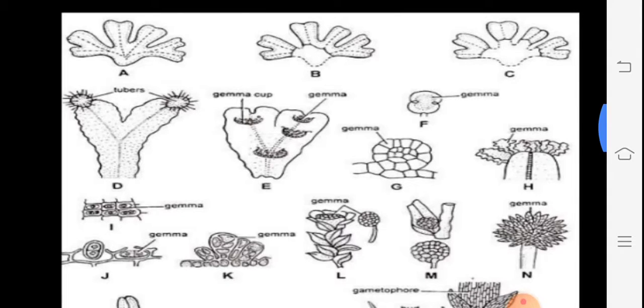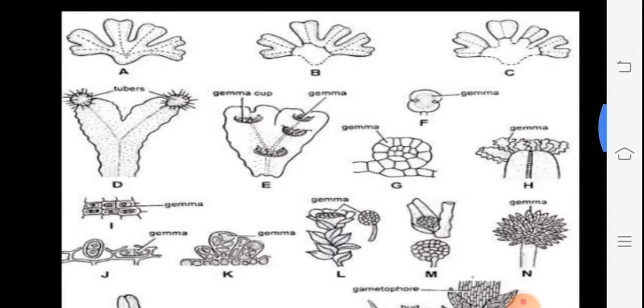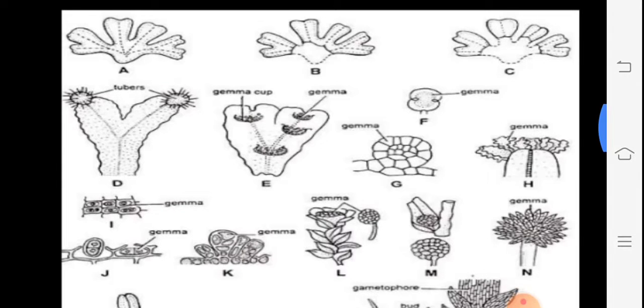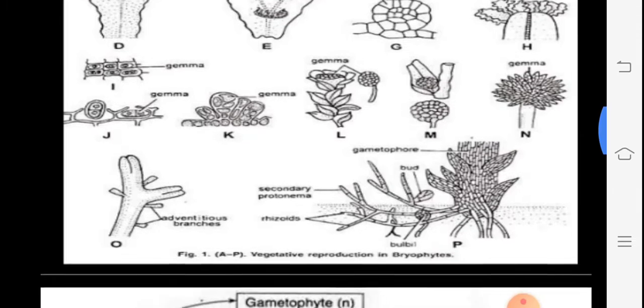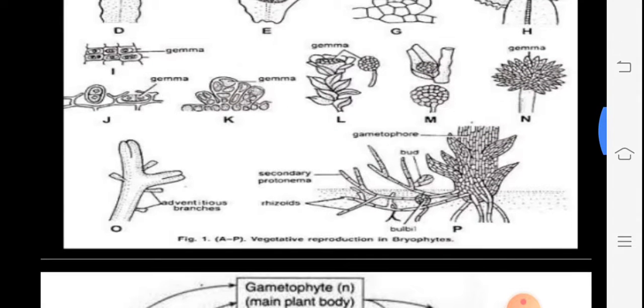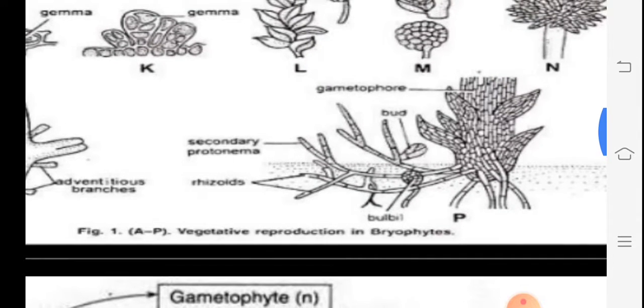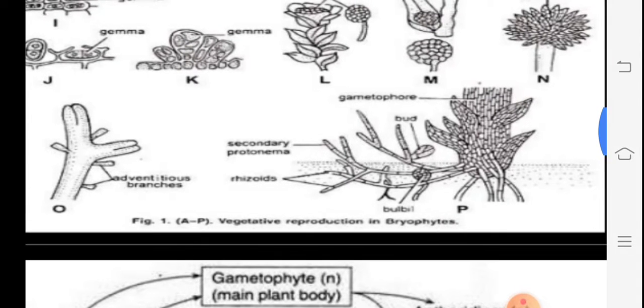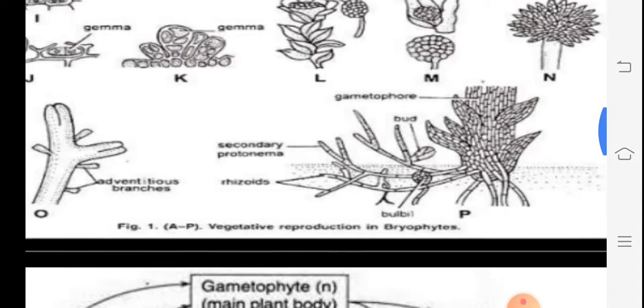They have the rhizoidal cell and develop the new thallus. In some cases they are in groups at the top. Then in vegetative reproduction, we know there are adventitious buds on the gametophore, or adventitious branches.